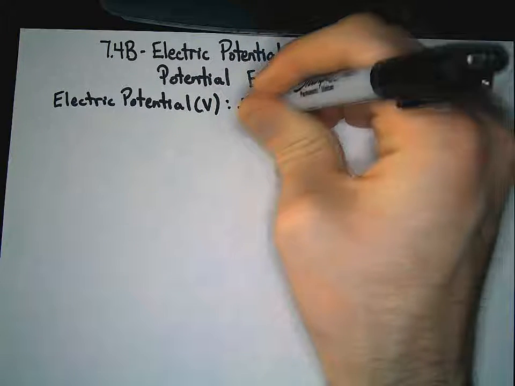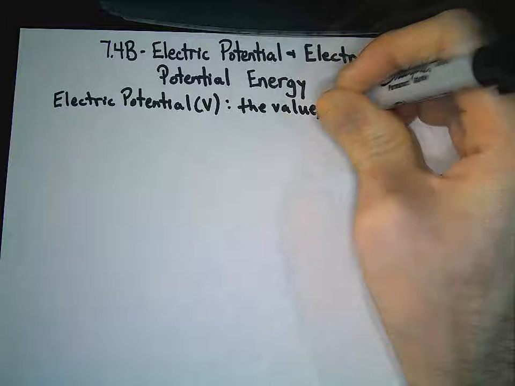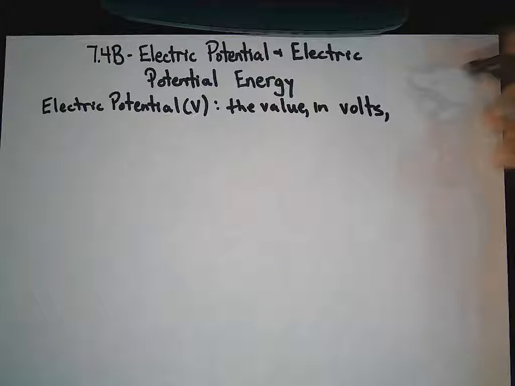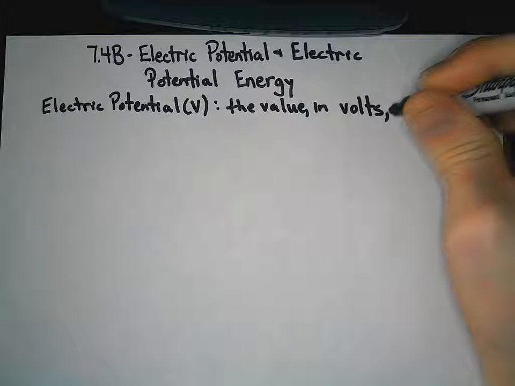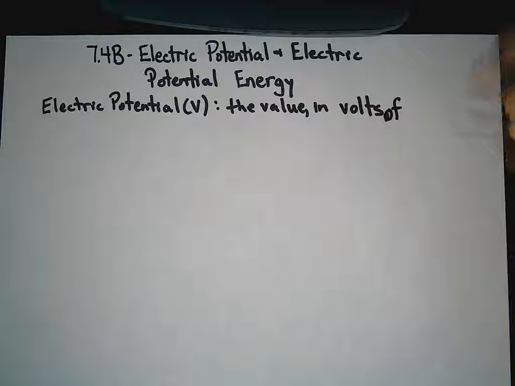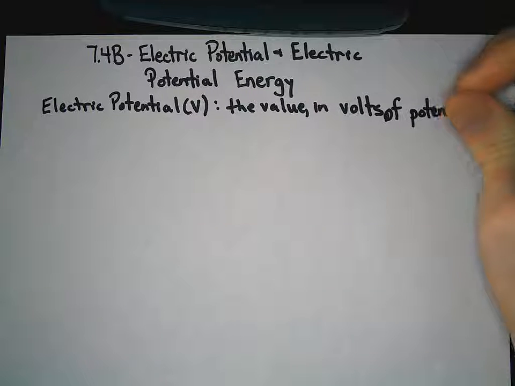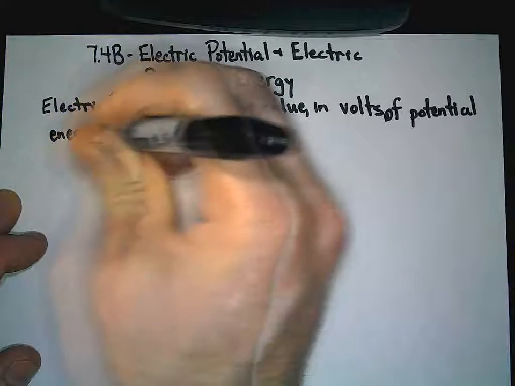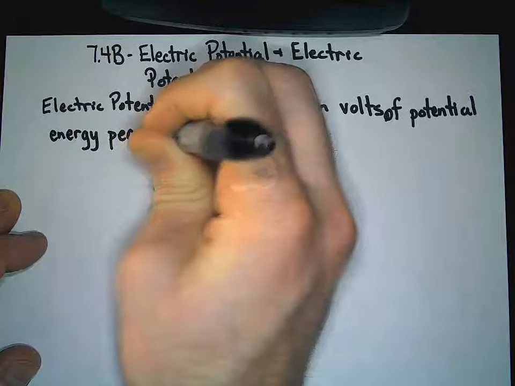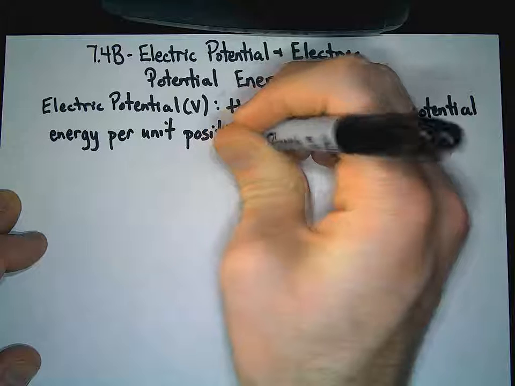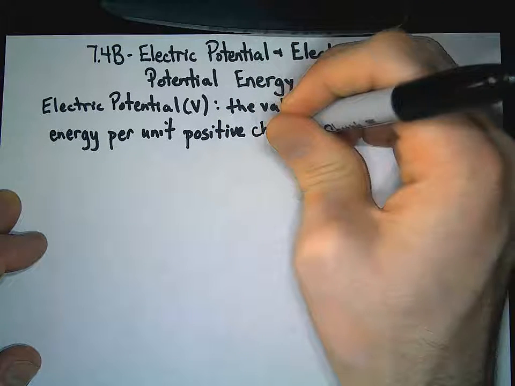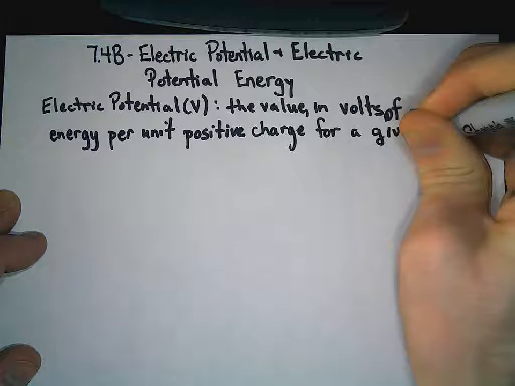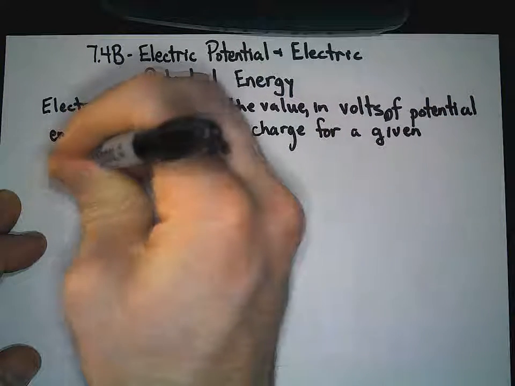And electric potential is the value in volts of potential energy per unit positive charge for a given point in an electric field.